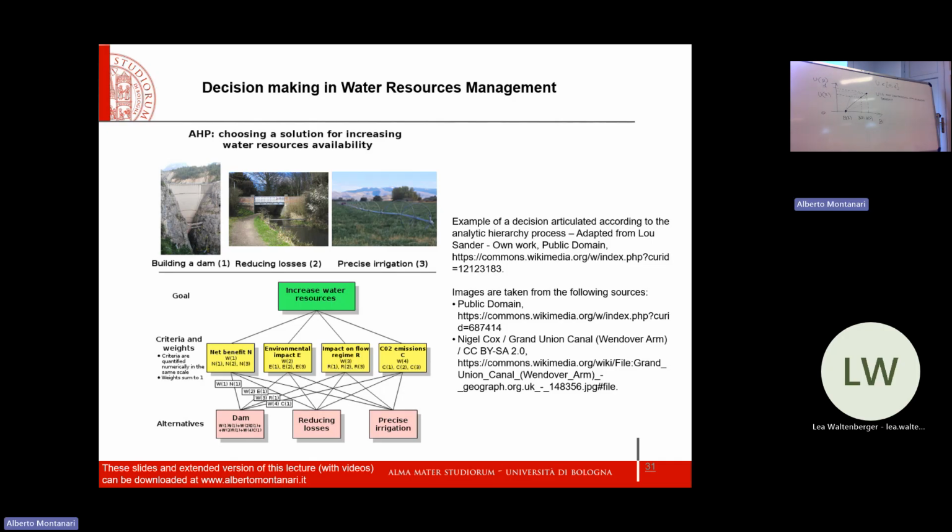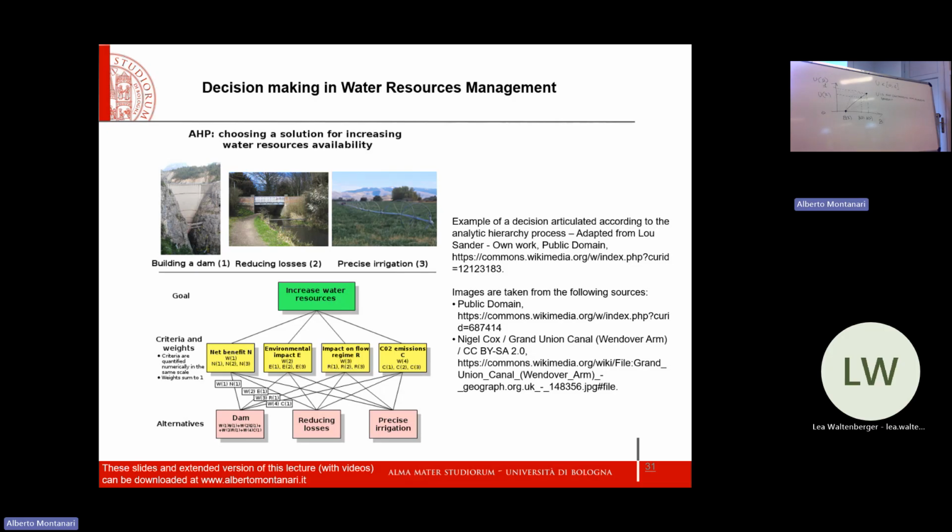Let's call the weight W, and the symbol for each of the criteria is N for net benefit, P for the environmental impact, R for the river flow regime, and C for the CO2 emissions, like you see in the yellow fields. And we need to give the weights W1, 2, 3, and 4. These are what we need to estimate.